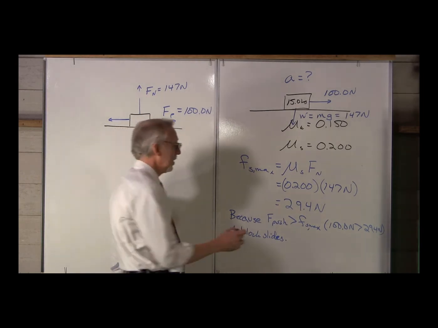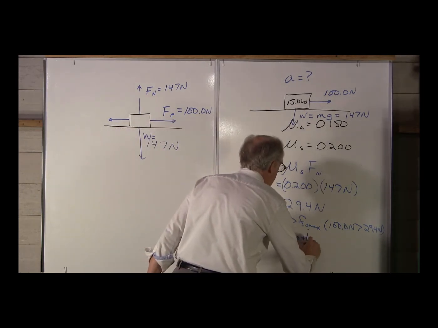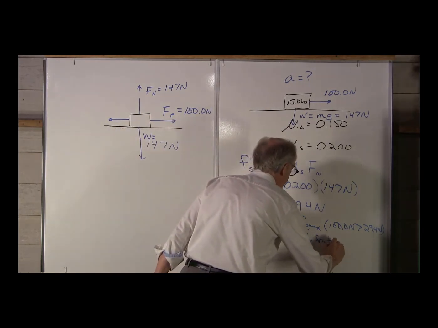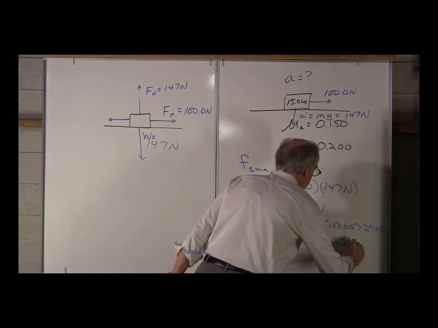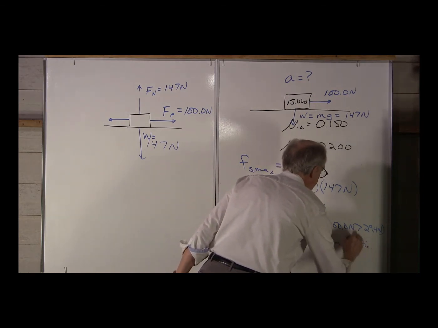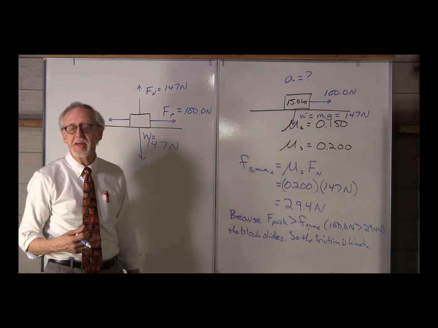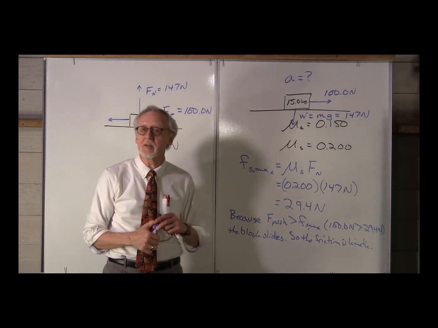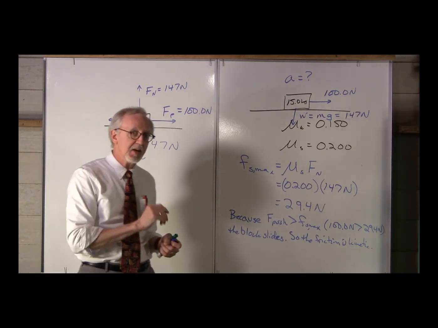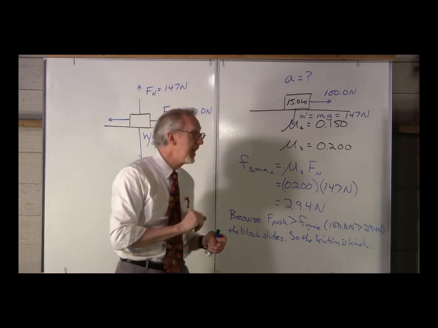So what? So the friction is kinetic. So the friction acting on the block is kinetic. If the block starts to slide, the friction acting on it is no longer static, it's kinetic.